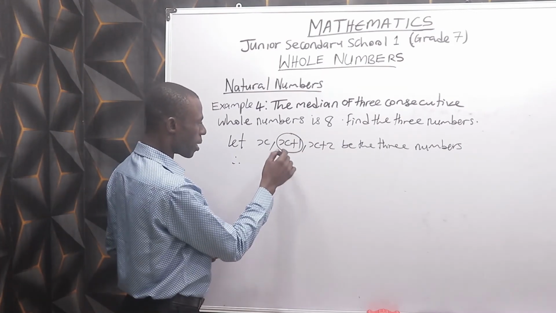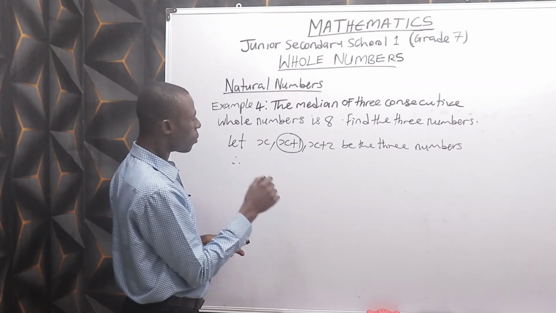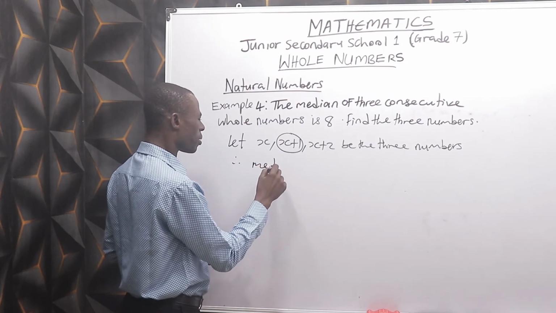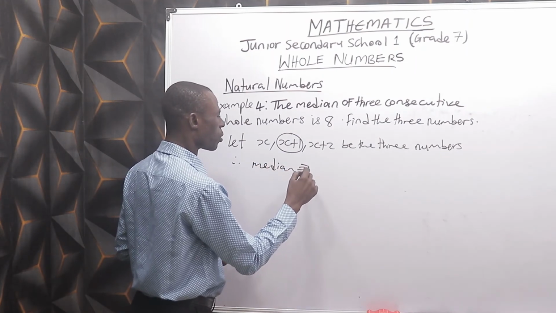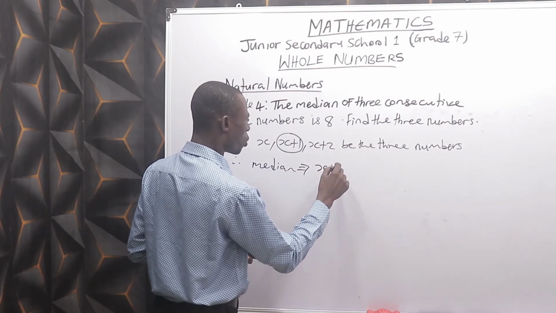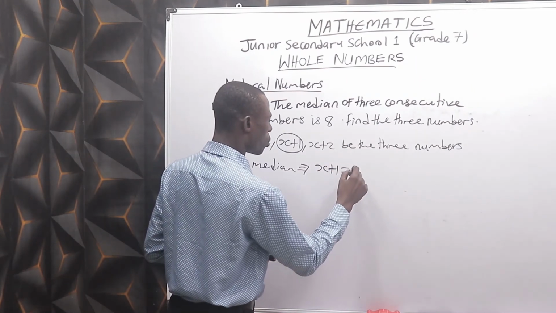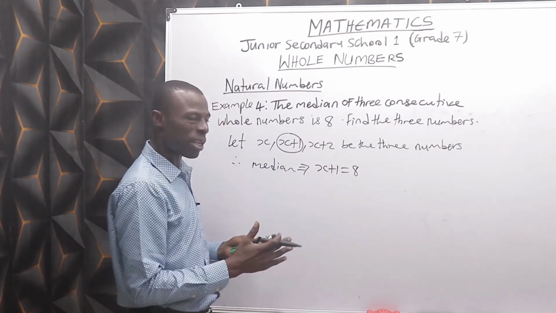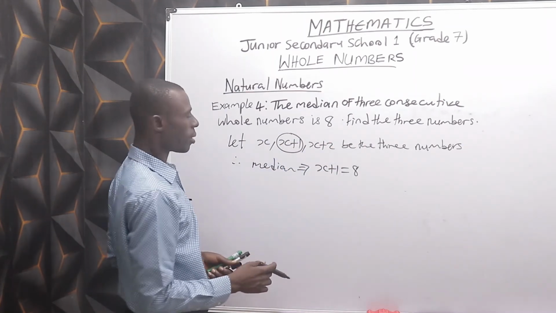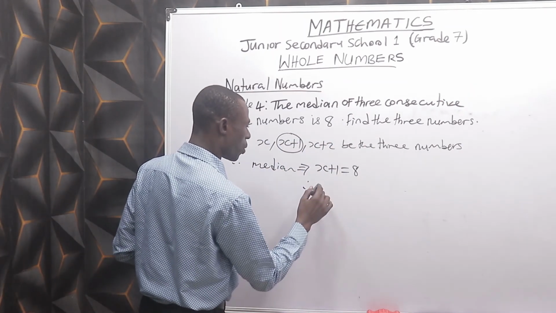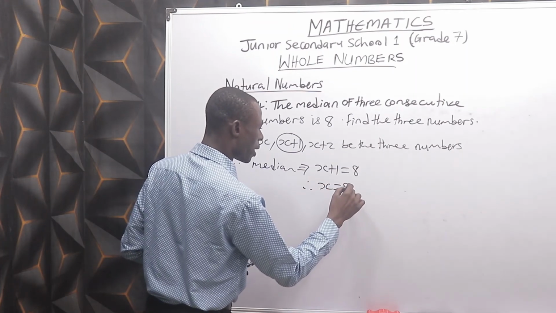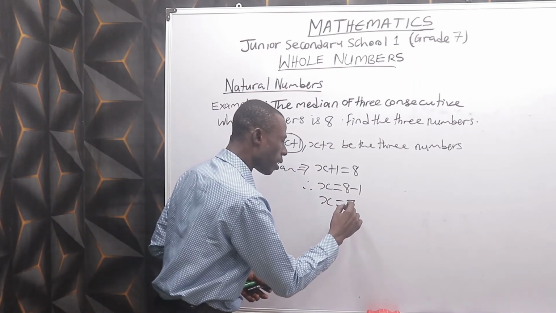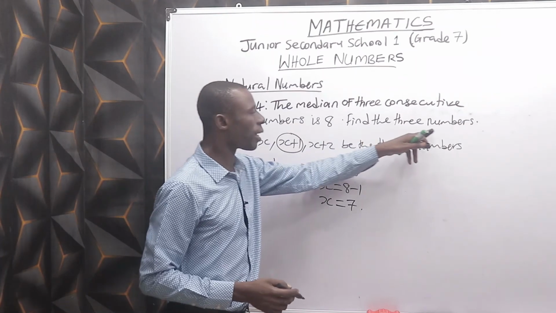That middle number is the median, which is equal to 8. So median equals x plus 1, which is equal to 8. Median is 8. Median is x plus 1. That means x plus 1 is equal to 8. So we solve this simple linear equation as x equals 8 minus 1 by collecting the like terms, and x equals 7.